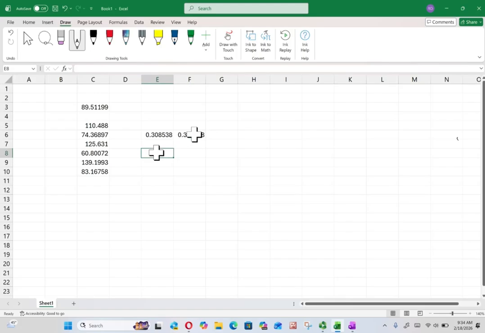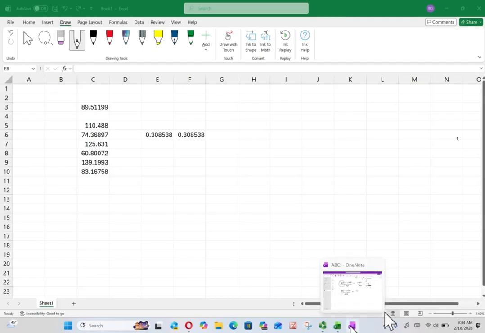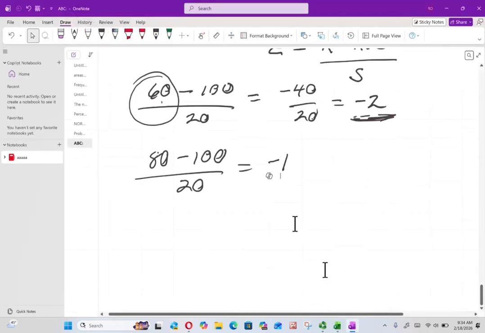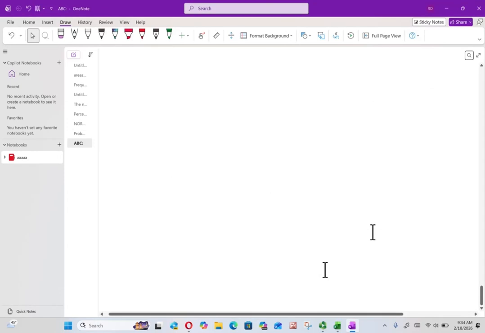Now I can go back, and this is the fundamental theorem of statistics. Everybody's got a fundamental theorem, like the fundamental theorem of algebra and the fundamental theorem of calculus.